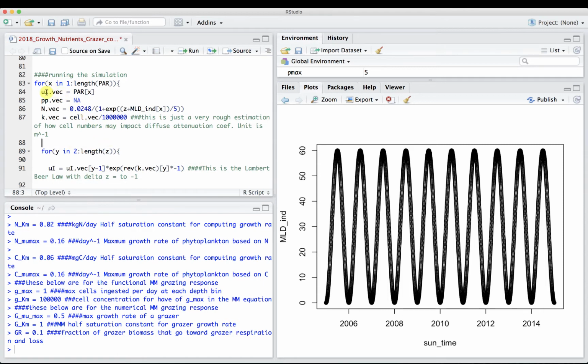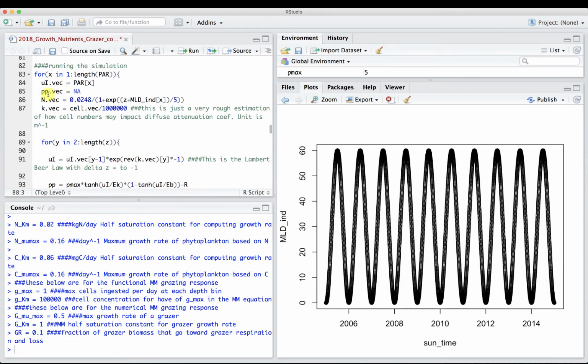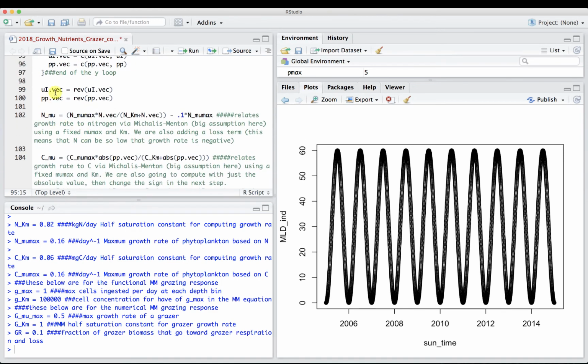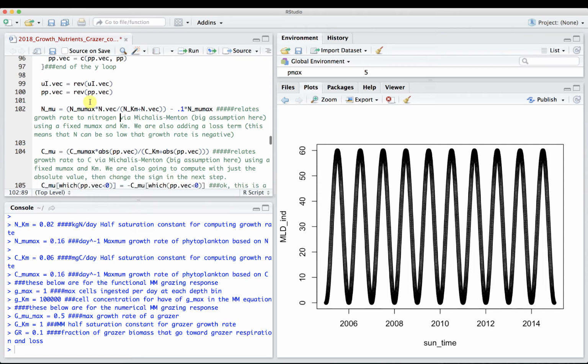right, so here's where we create our initial light vector, primary production, what our nutrients are, what our diffuse attenuation is like. This little internal one here is what we're solving Lambert-Beer and computing primary production. We are then reversing those because of the way we compute it.